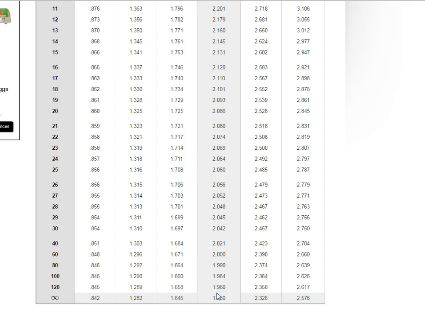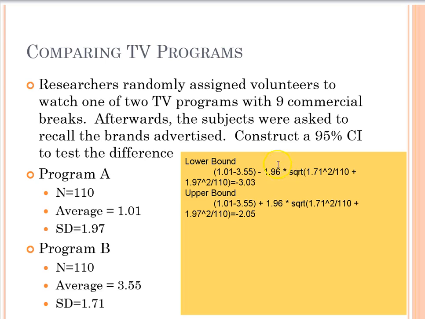Remember, I had 220 observations. If I subtract off 2, then I will have my degrees of freedom. You can see there's no 218 on this, so I'll just go ahead and use infinity for my answer, or for my critical t. So that's how I got 1.96 in the construction of this.